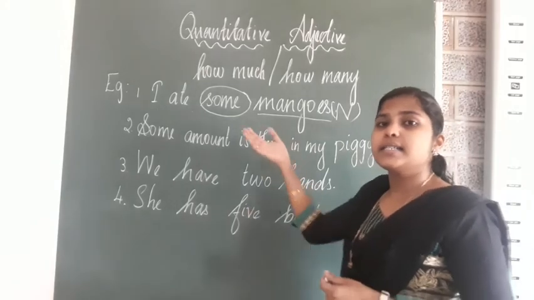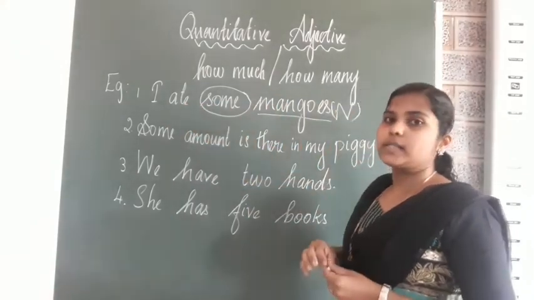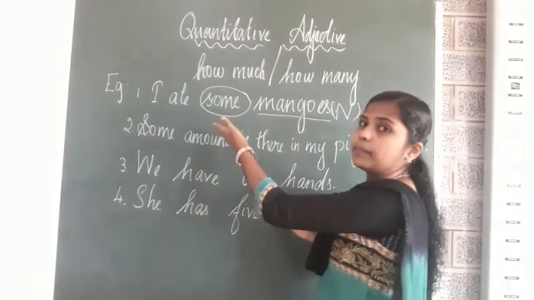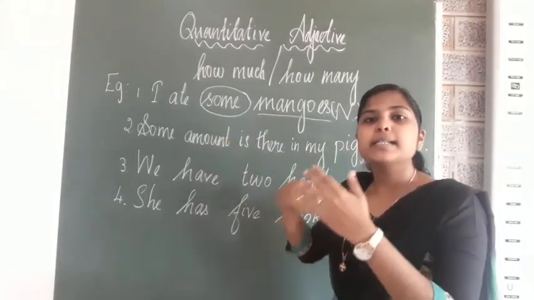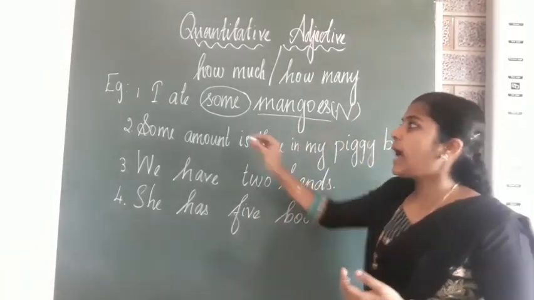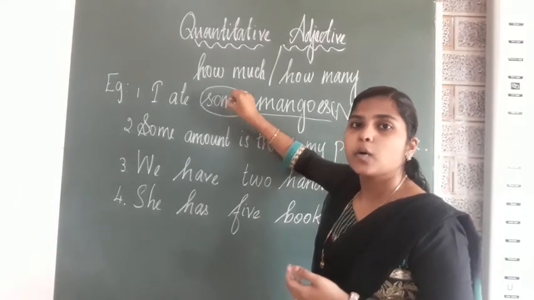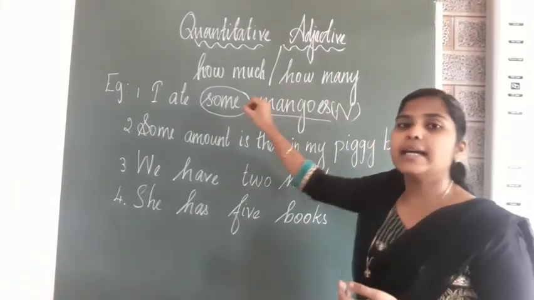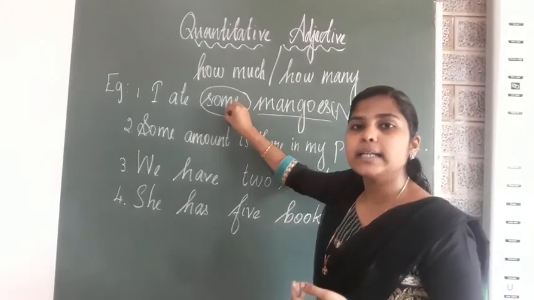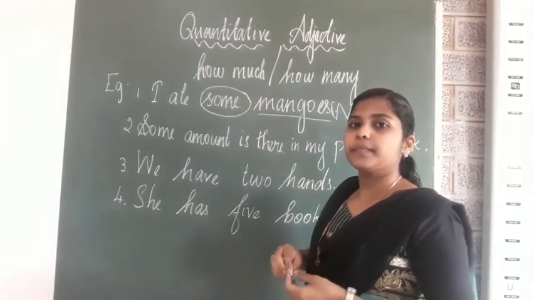Here in this sentence, we have mentioned I ate some mangoes. Here the word some is adding more meaning for this noun, and it is showing how much quantity of the noun, and hence it is quantitative adjective or adjective of quantity.